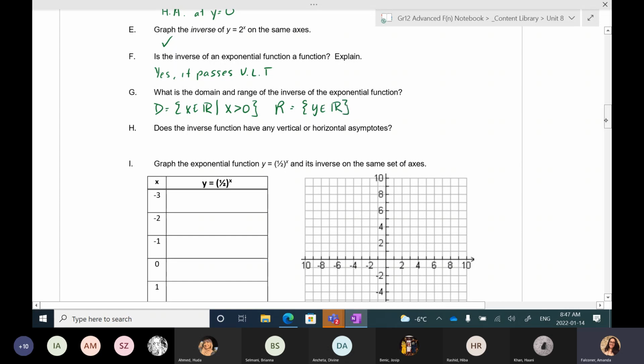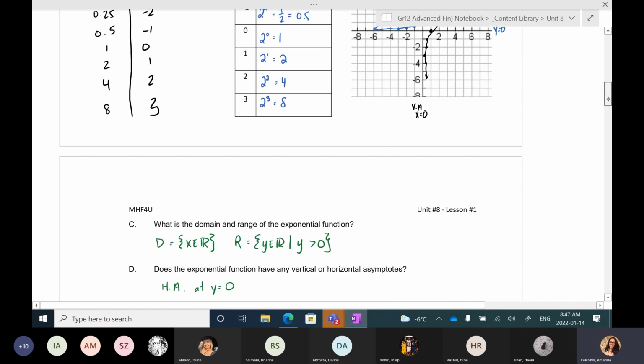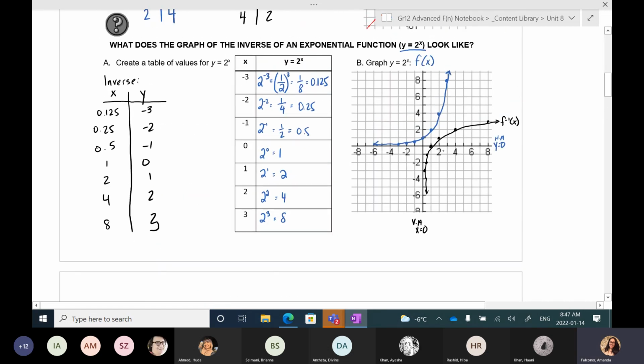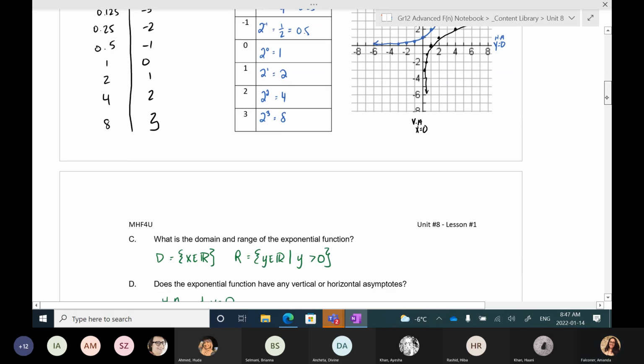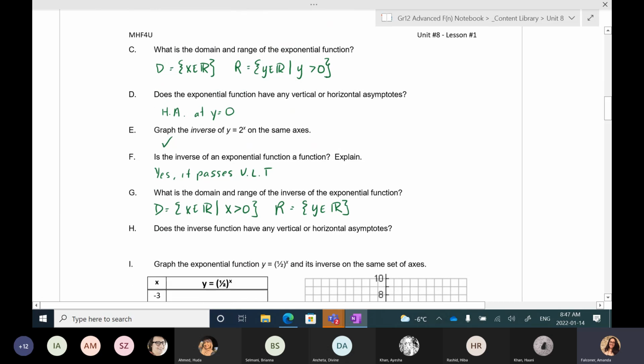Just looking back and double checking that, yeah, the domain has to be bigger than the vertical asymptote here, and y's are all fully available to it. So that's a switch of the domain and range of the original, right? Those two switched, and the horizontal and the vertical asymptote switched.